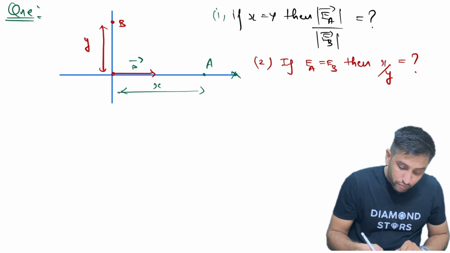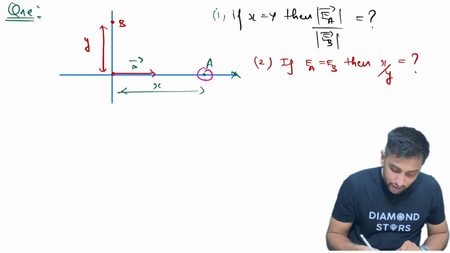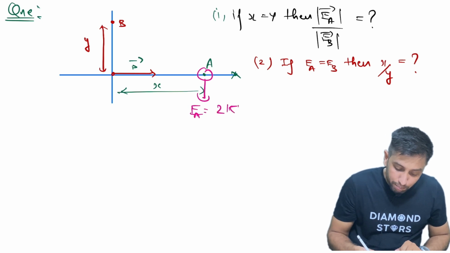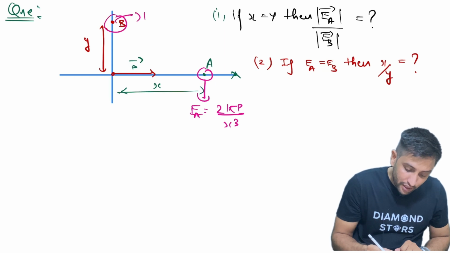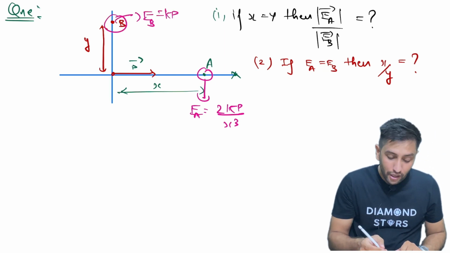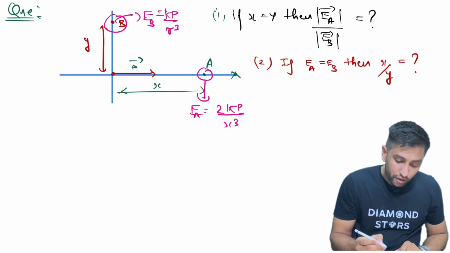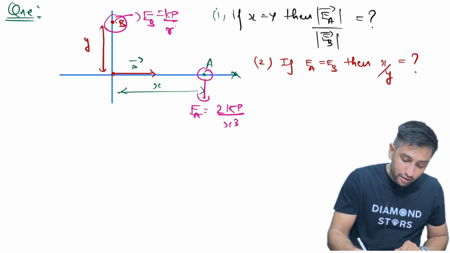That will be simply, at this point, EA is 2 Kp by x cube, and this is EB is Kp by R cube. You please see how simple it is. So Kp by R cube, but this R is y cube.